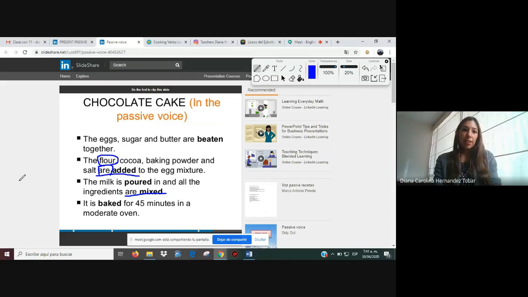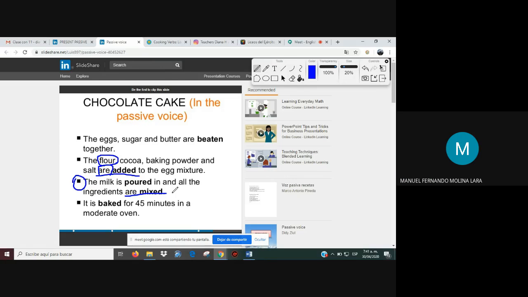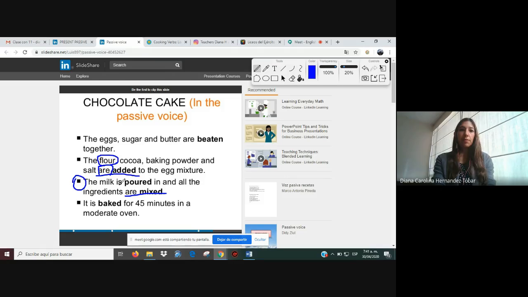This one, number 3. Talia mentioned that this example, are mixed, is passive voice, yes, but we have another one in the same sentence. Poured. Excellent, Manuel. Very good.